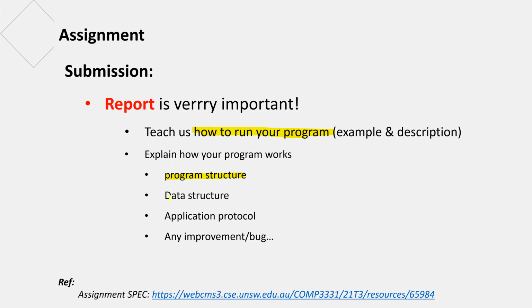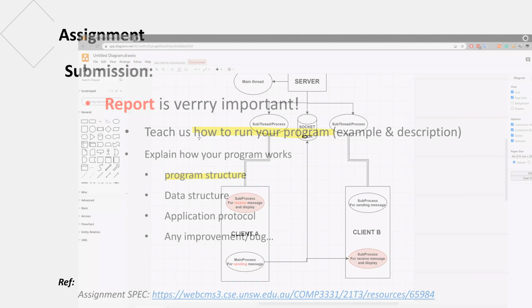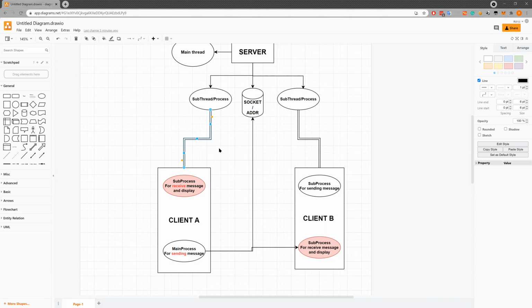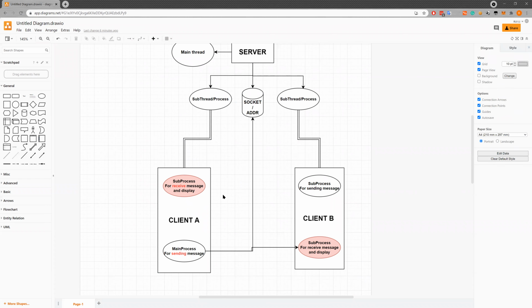And the data structure, because in the picture here, I didn't show how the server interacts with the client. So what will be the message type from the client side to the server side? Probably we can send JSON or purely a string to communicate. So it really depends on you.